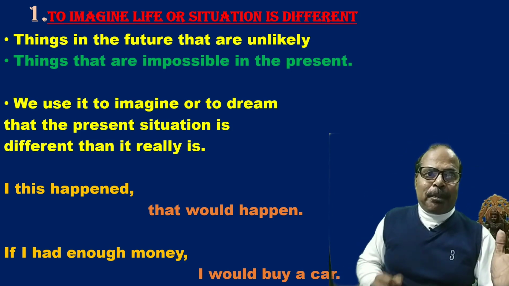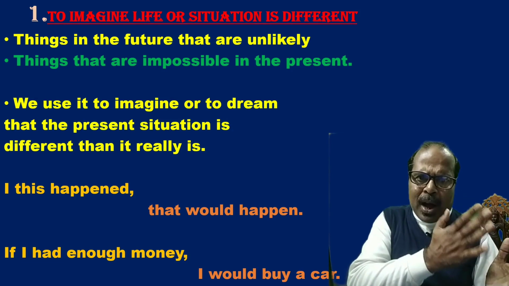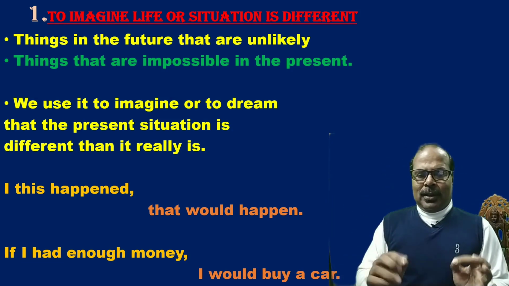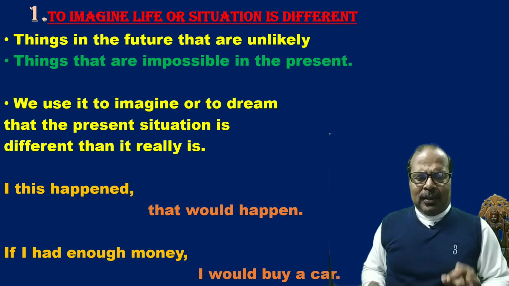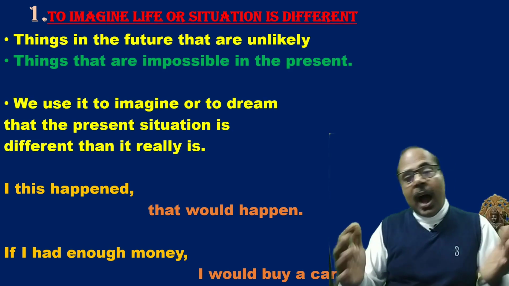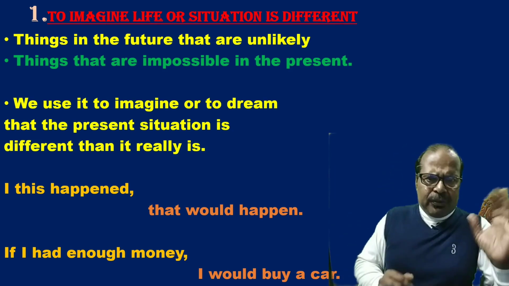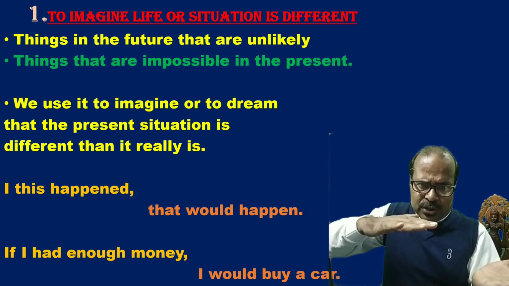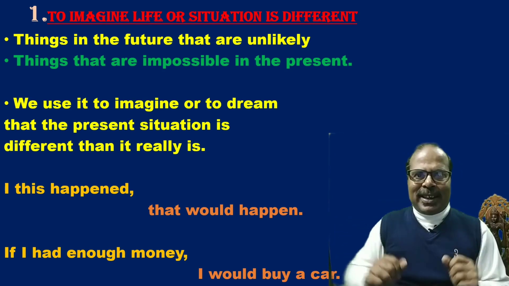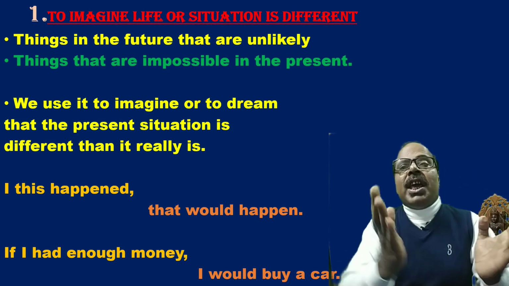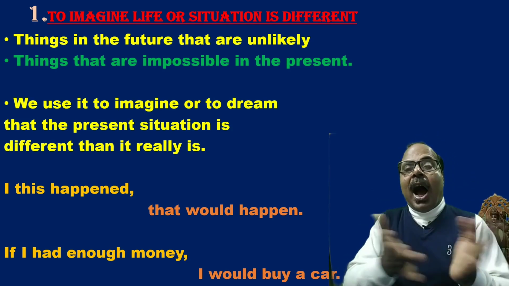But it is in past indefinite or past simple. That would happen. And concrete example, if I had enough money, I would buy a car. If I had enough money, that means I do not have enough money. Imaginary situation, if I had enough money, I would buy a car.